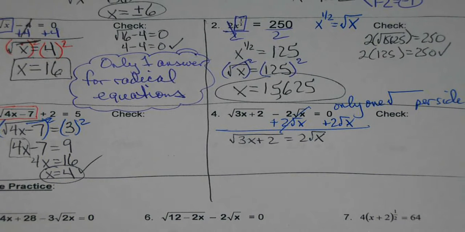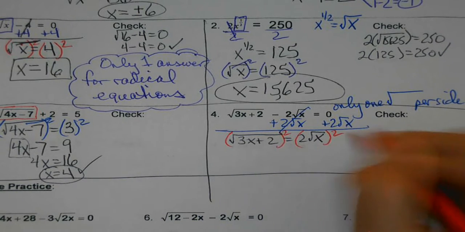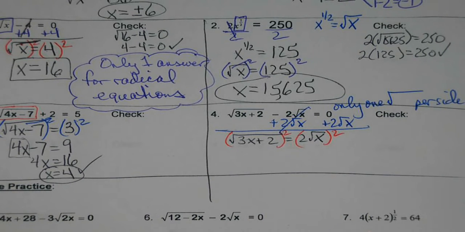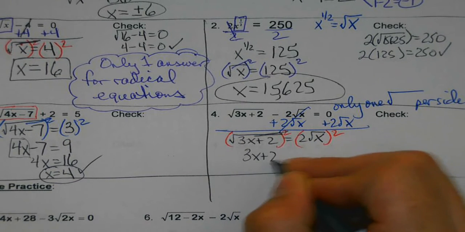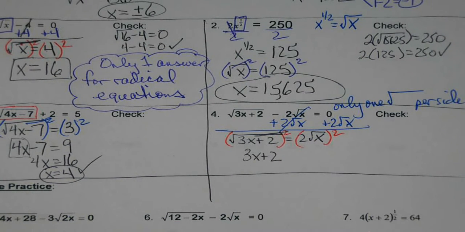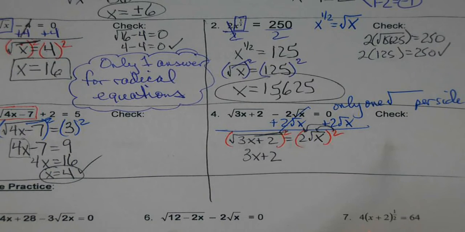So once I have 1 per side, now I can go ahead and square both sides to get rid of the radicals. There's one more little thing we got to watch out for. It's not on the left side. That's pretty normal. On the right side, that squared not only goes to the square root of x, but it also goes to the 2 out in front.